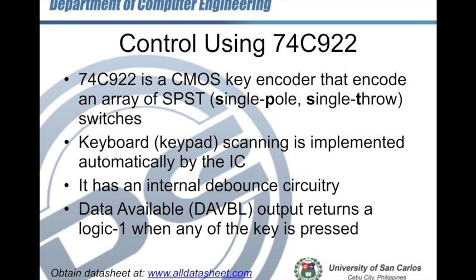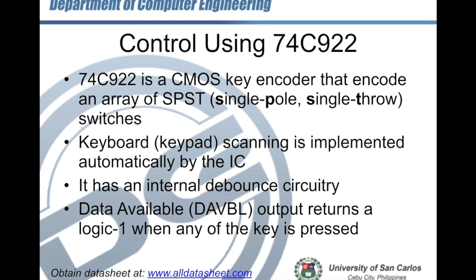So to do this, we need an integrated circuit that would do exactly those things. And that device is the 74C922 keypad encoder. It's basically a CMOS keypad encoder that encodes an array of single throw switches, or SPST, and the keypad or keyboard scanning is implemented automatically by the integrated circuit.